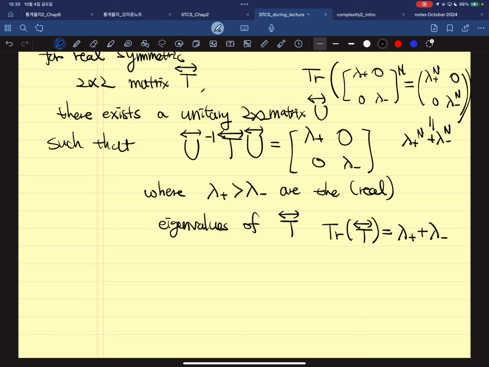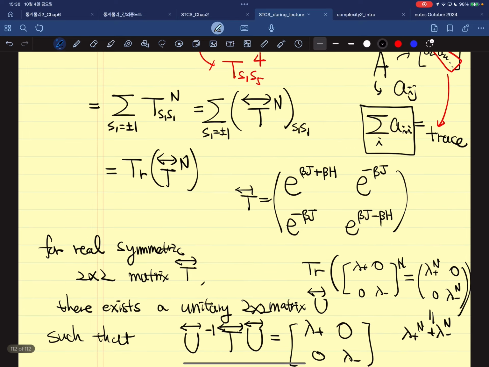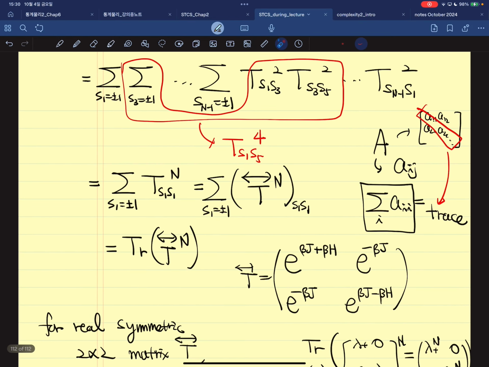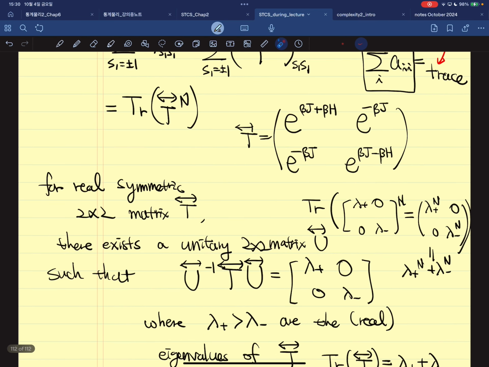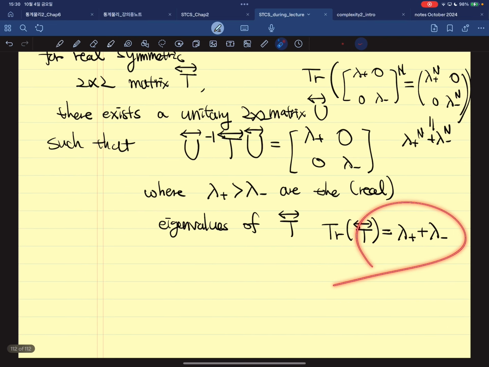So here, the trace of this matrix would be the same as the sum of the nth powers of the eigenvalues of this matrix. So the only thing that remains is calculating the eigenvalues of this matrix, taking the nth power, and summing over this.